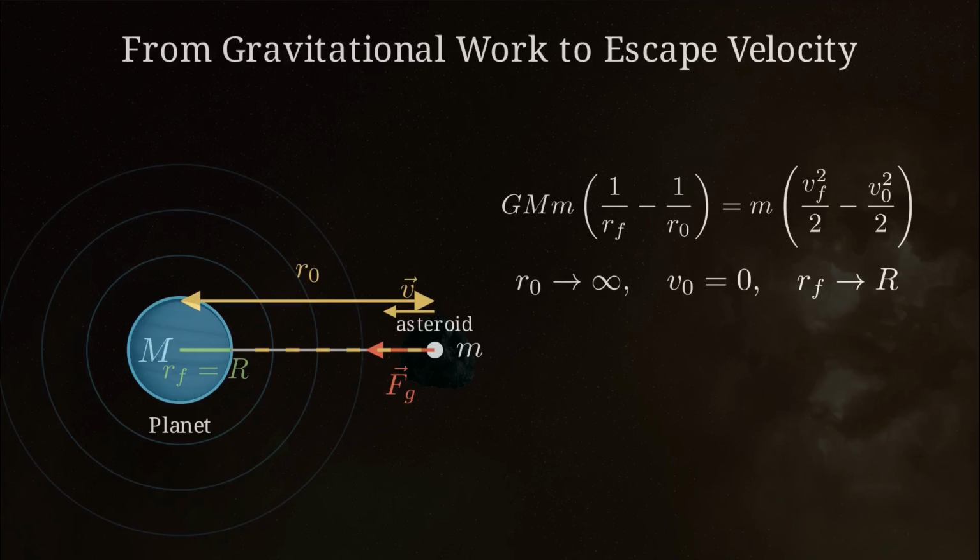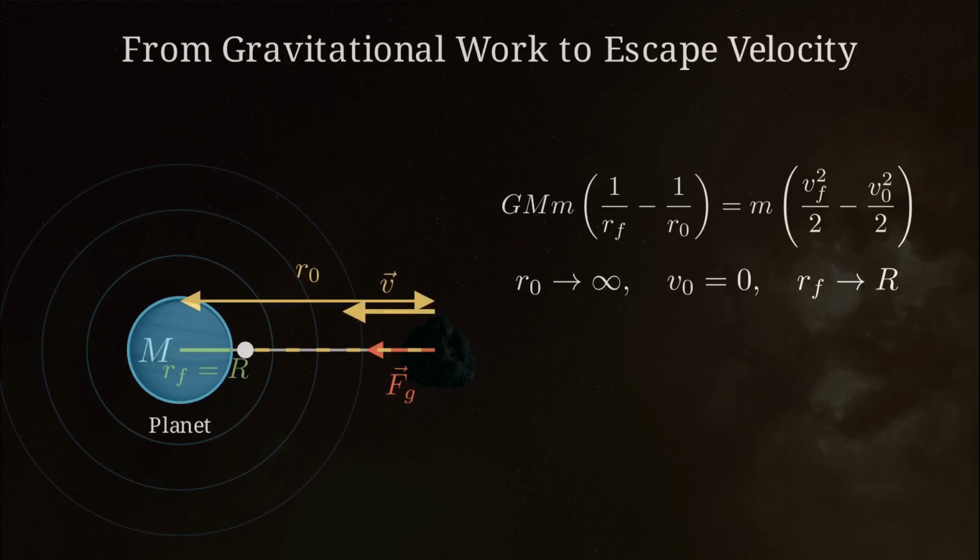Now consider the special case. The asteroid starts from rest very far away. So r0 approaches infinity, and v0 is 0. The asteroid falls to the planet's surface. So the final center-to-center distance is approximately the planet radius. We call this final distance r. In this case, 1 over r0 approaches 0, and v0 squared is also 0.